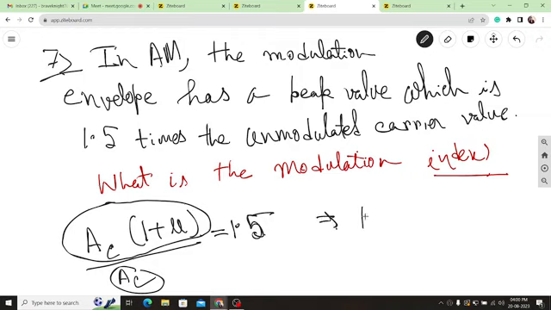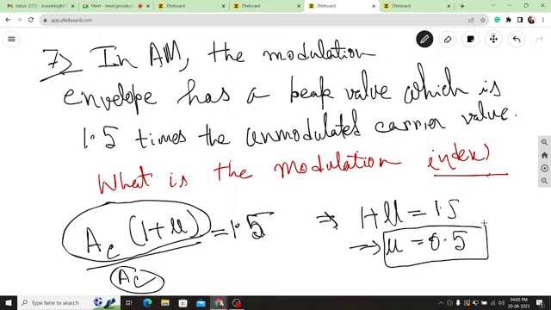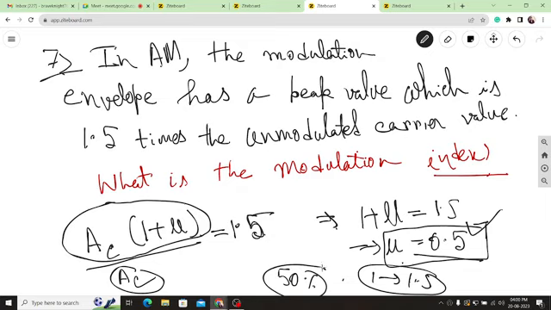From this we get 1 plus mu is equal to 1.5, or mu is equal to 0.5. This is the answer. And the increase is about 50% here because of this 0.5. It becomes from 1 to 1.5. So a 50% increase happens due to modulation.